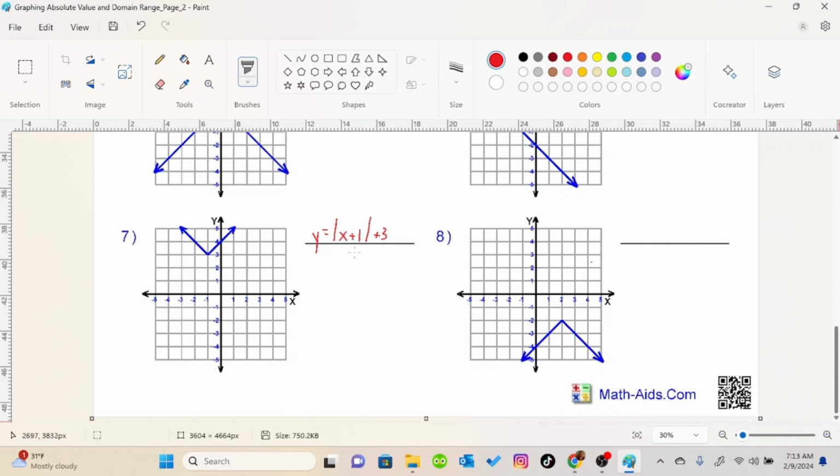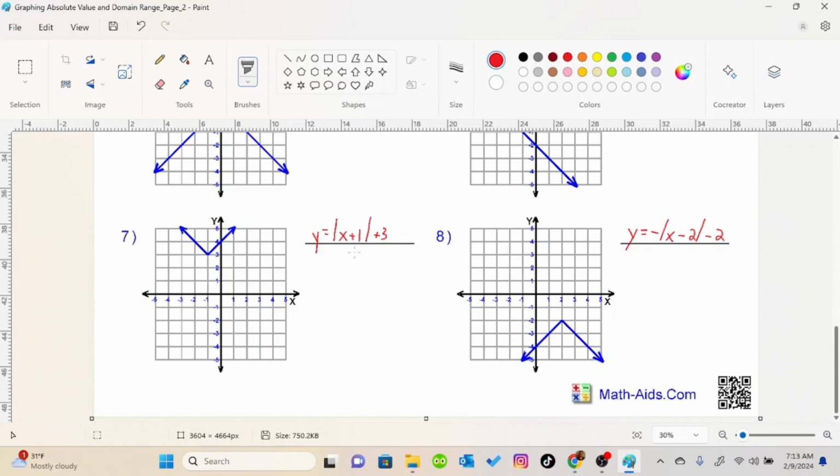And finally, on page number 2, number 8, we have y equals, the graph opens down, so we have negative, open the absolute value symbol, x, the vertex shifted 2 to the right, so that's minus 2, close the absolute value symbol, and the vertex shifted down 2, so that's minus 2 outside the absolute value symbol.